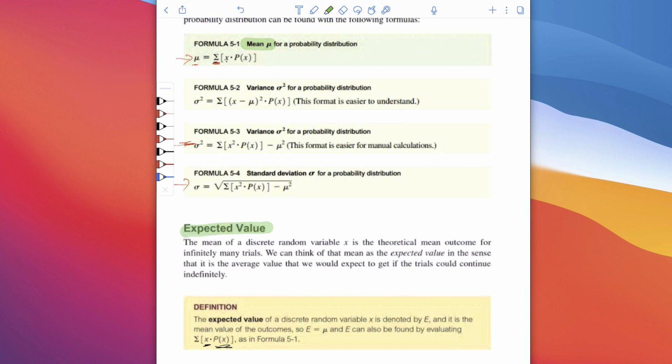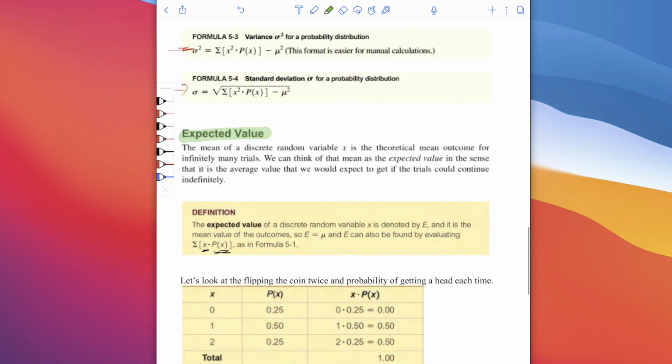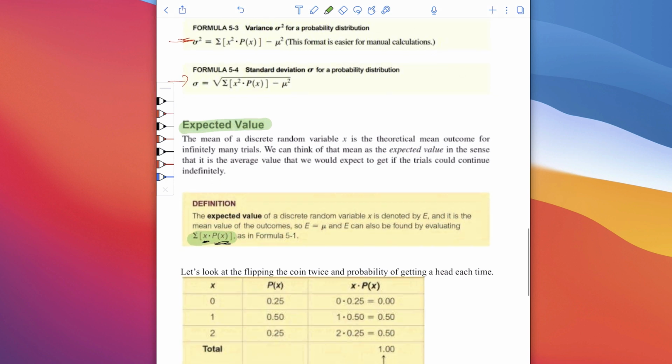So if you were to keep flipping a coin, you would get whatever the expected value is, whatever the mean is. So there's the definition. The expected value of a discrete random variable x is denoted by E and is the mean value of the outcomes. So it can be found by evaluating this right here. And I'll show you how to do that.